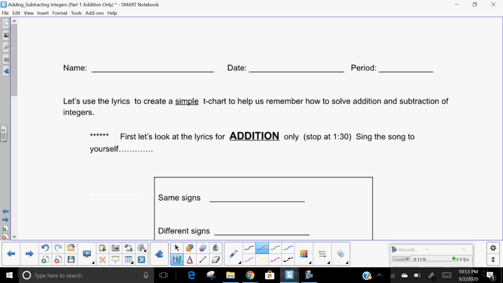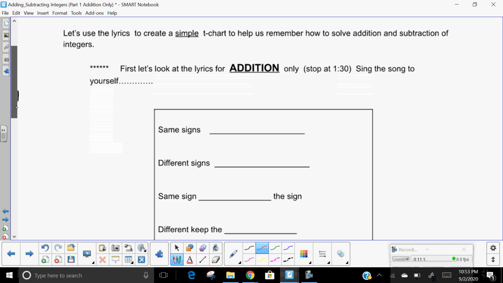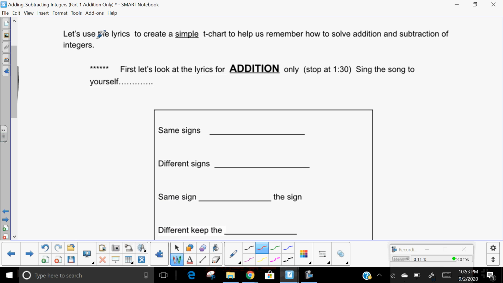Okay, so if we use those lyrics to create a simple T-chart to help us remember how to solve addition and subtraction of integers, it'll make our lives so much easier. So what I want to do first is just look at the lyrics that he told us for just addition.